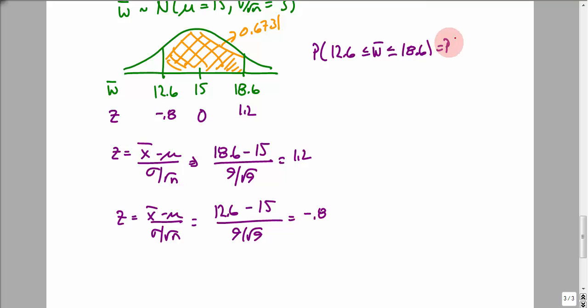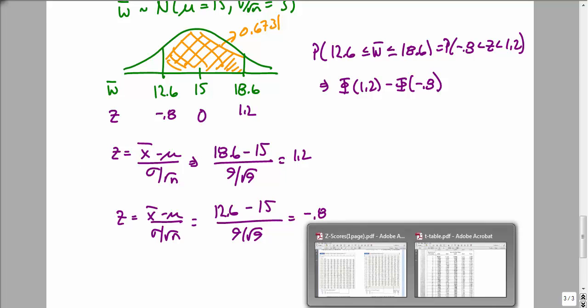But when I standardize that, that means I'm 0.8 standard deviations below the mean up to 1.2 standard deviations above the mean on my Z scale. So this is phi of 1.2 minus phi of negative 0.8. Now the reason we subtract again is this whole idea of the area to the left, subtract off the area to the right will leave me with the area between.